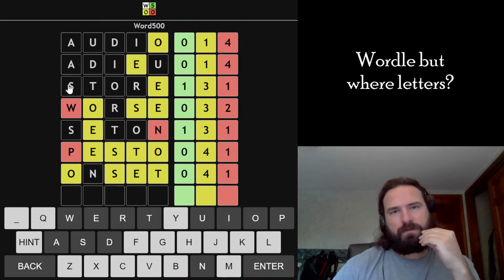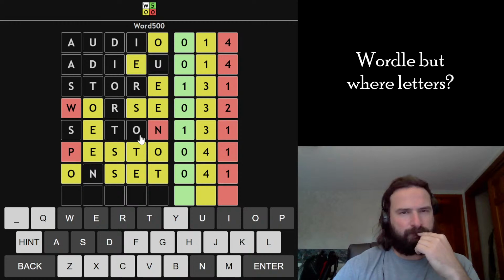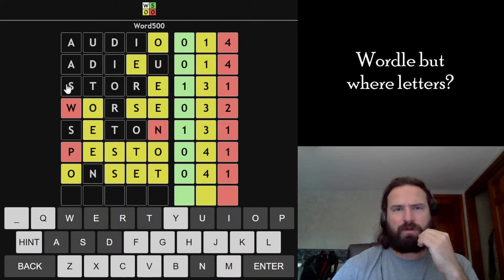So if S isn't green, maybe I should focus on if that's even possible at this point. Could S not be the green? If S isn't the green, then some iteration of T and O being green would have to be true. So T could go second, O could go fourth, or T could go third. No, that's not impossible. So if S isn't green, T has to go second, O has to go fourth.